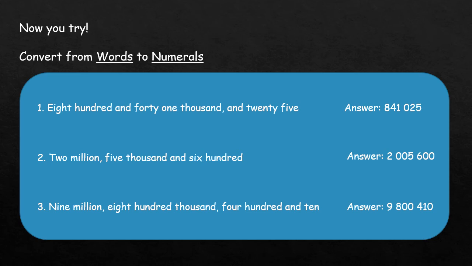Here are the answers. You can check your answers and compare your answers with mine. Next, try converting from numerals to words. The first one is 41,093. Second one is 224,811.